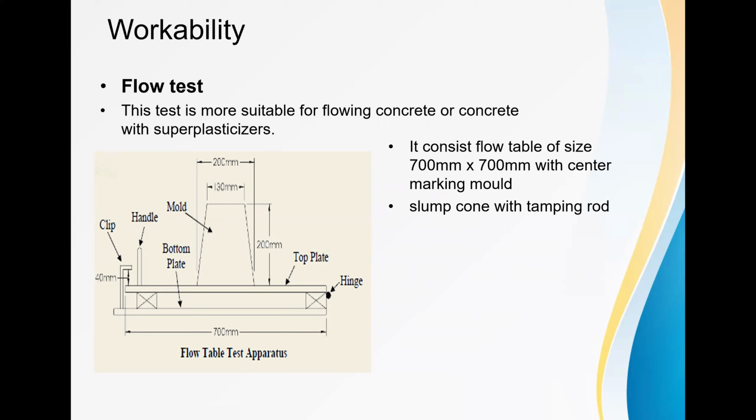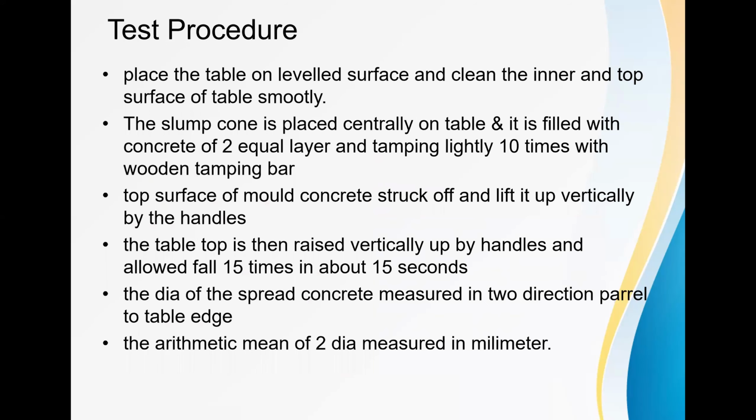Let's see how the workability of the concrete can be determined with the help of the flow test. The test procedure is to place the table on a leveled surface and then clean the inner and top surface of the table smoothly.